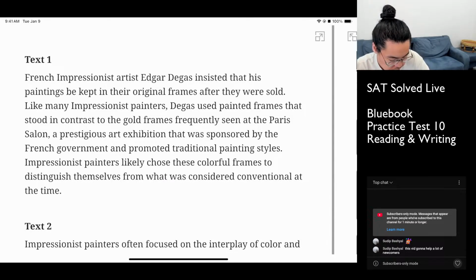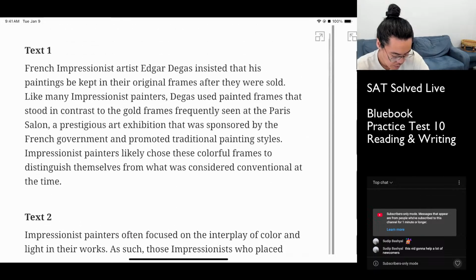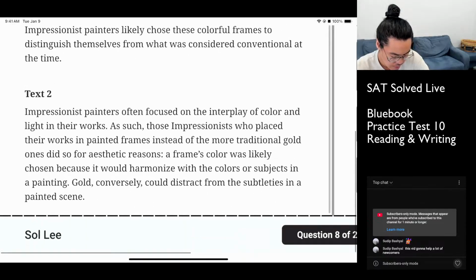Sudeep, welcome to the stream. French Impressionist E.D. Degas insisted that his paintings be kept in their original frames. Okay. He used painted frames against the gold frames. Promoted traditional painting styles to distinguish themselves. Okay. Often focus on the interplay of color and light as such.